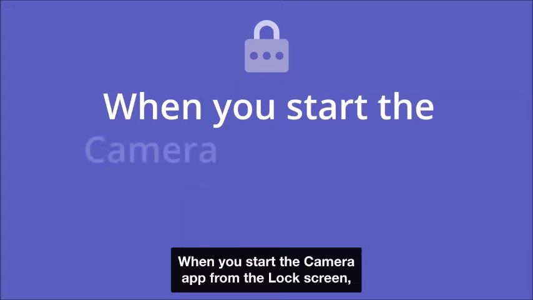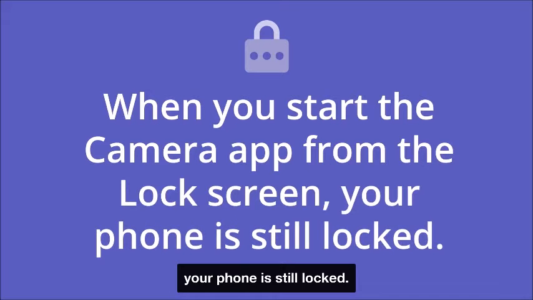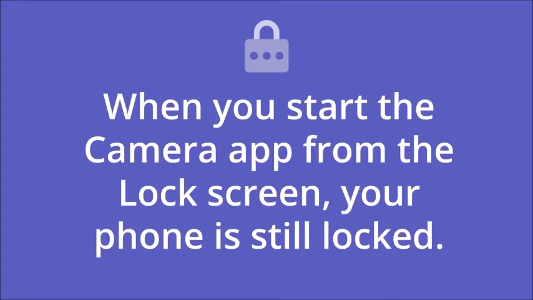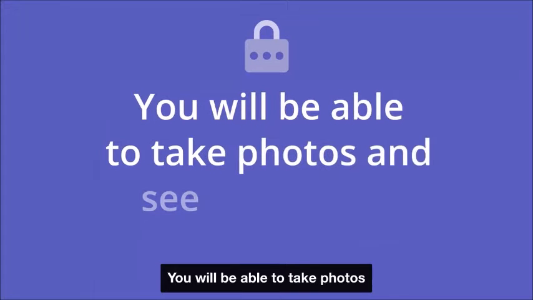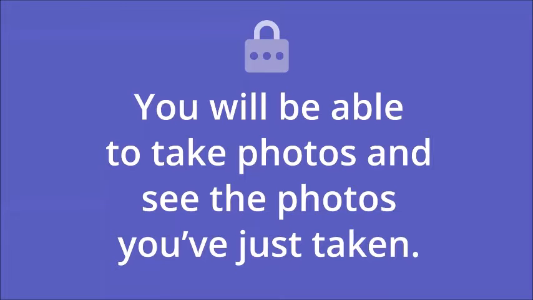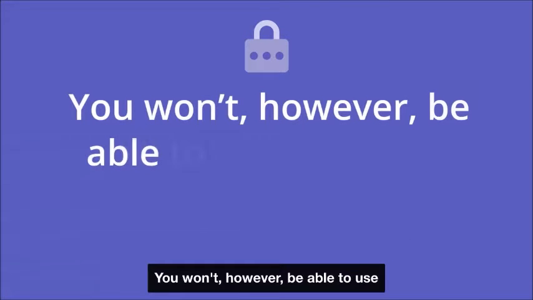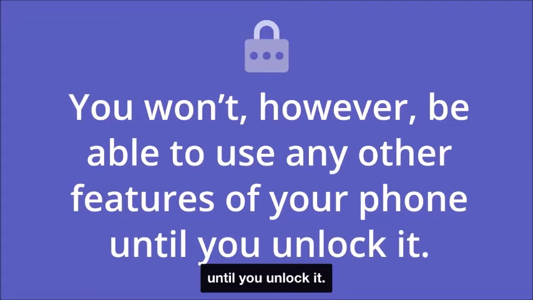When you start the camera app from the lock screen, your phone is still locked. You will be able to take photos and see the photos you've just taken. You won't, however, be able to use any other features of your phone until you unlock it.